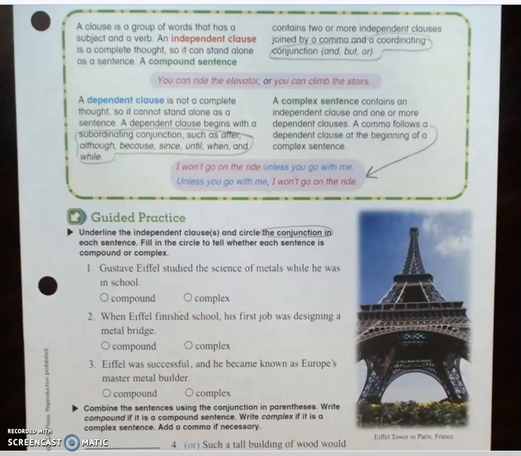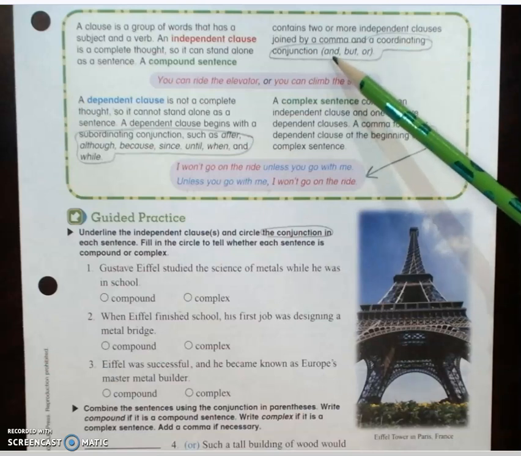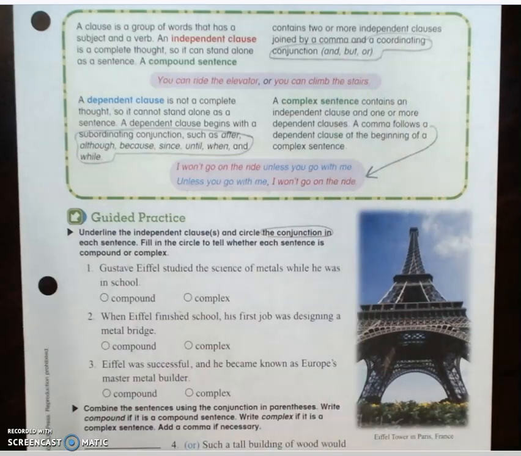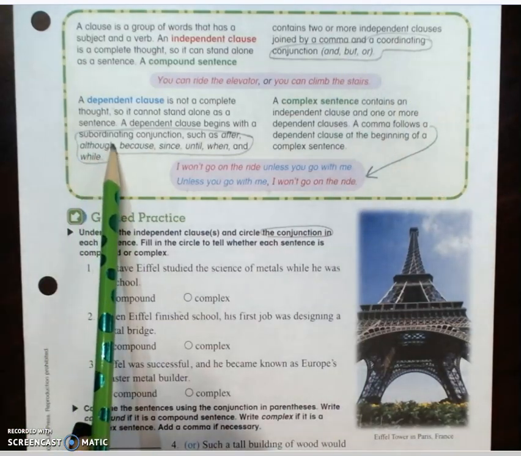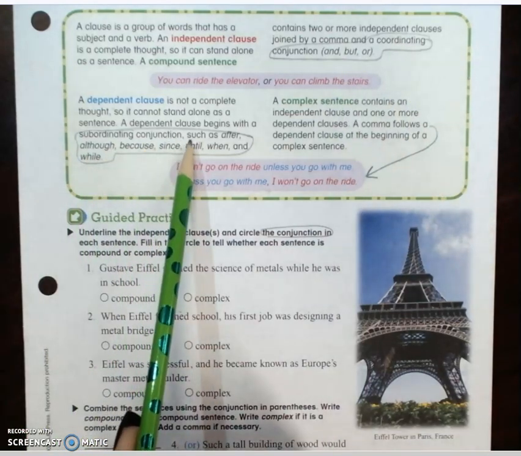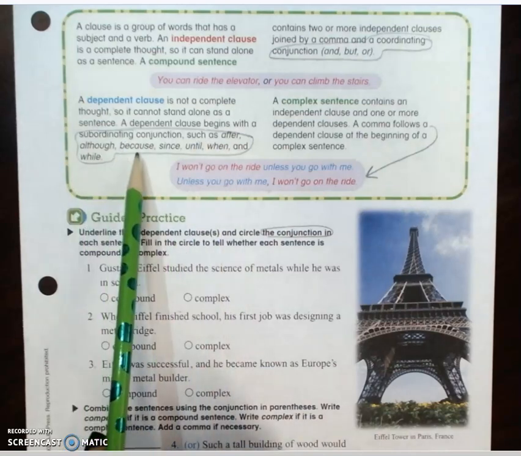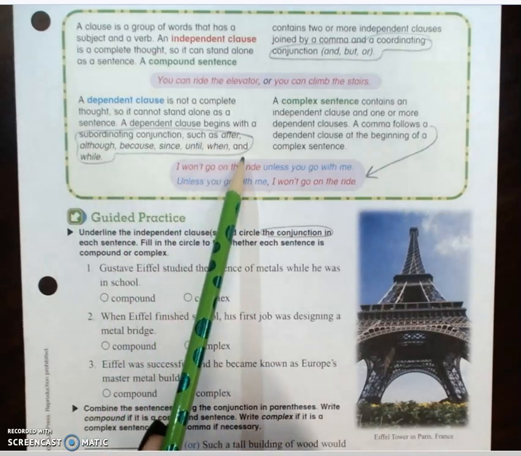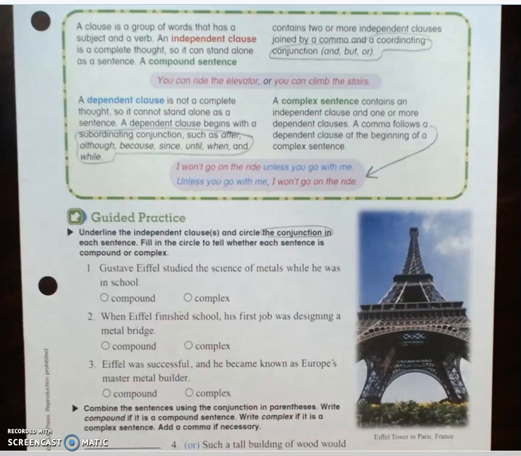There's one thing I need to talk to you about. You can have coordinating conjunctions such as and, but, or, or you could have subordinating conjunctions such as after, although, because, since, until, when, and while. Let's just keep that in mind.